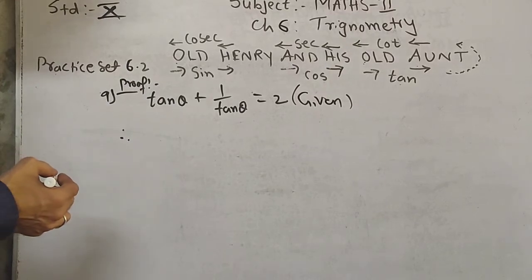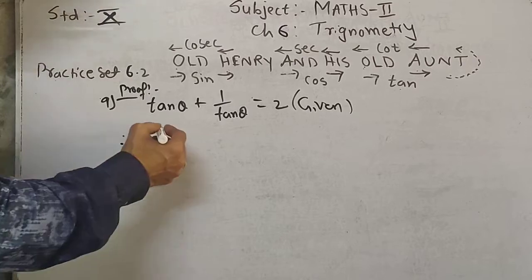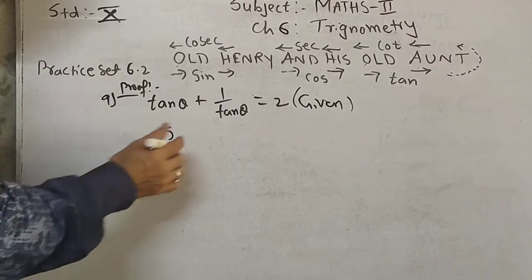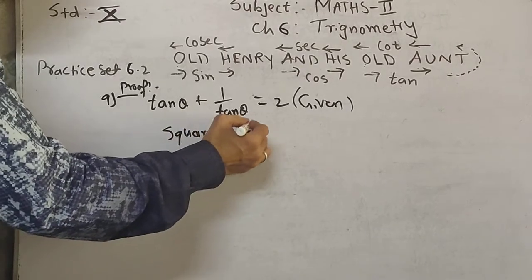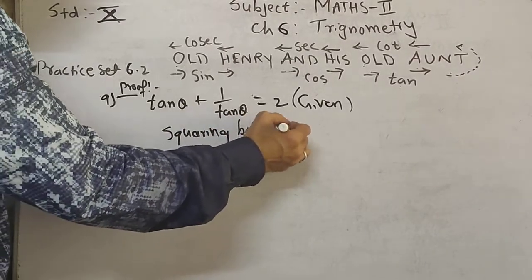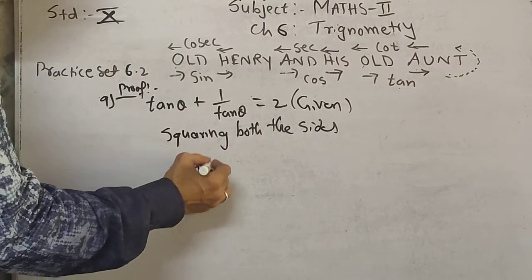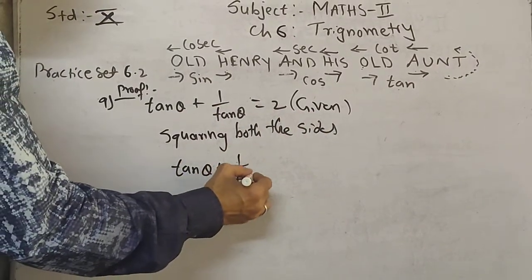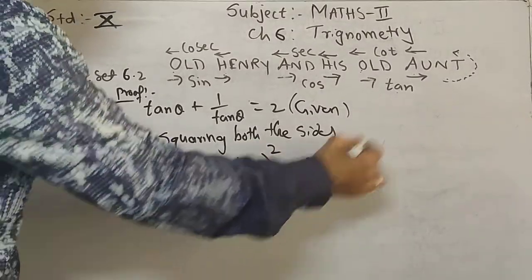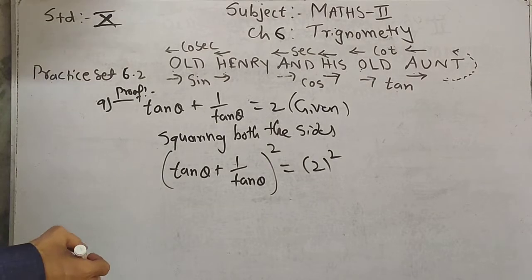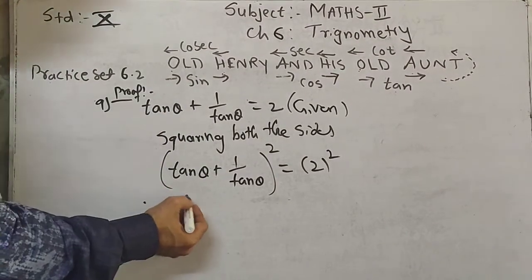First of all you will write this given, then squaring both the sides. Squaring this means tan theta plus 1 upon tan theta the whole square is equal to 2 square. After squaring both the sides, you will take the help of a plus b the whole square.